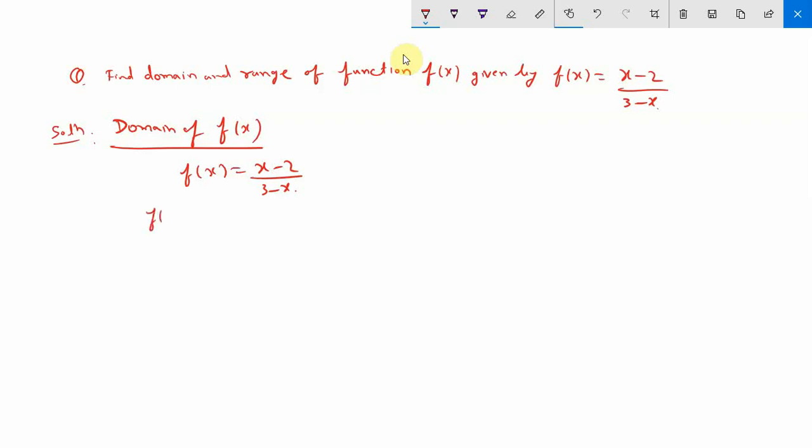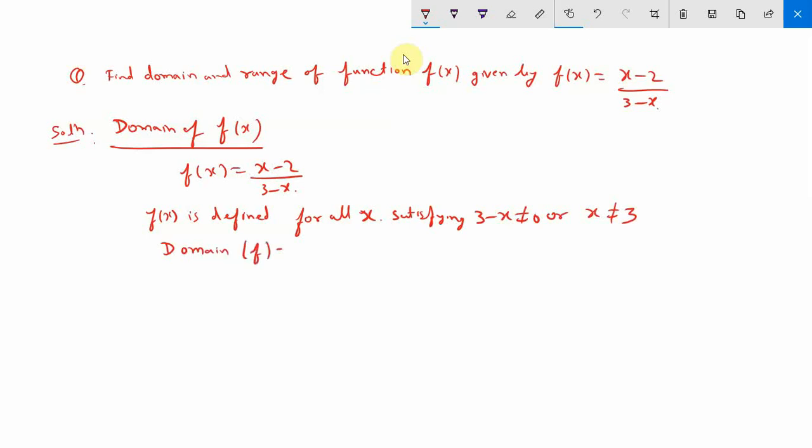So we can write f(x) is defined for all x satisfying 3 minus x is not equal to 0, or we can say x is not equal to 3. Okay, so domain of f is equal to real numbers minus 3. So all real numbers except 3.